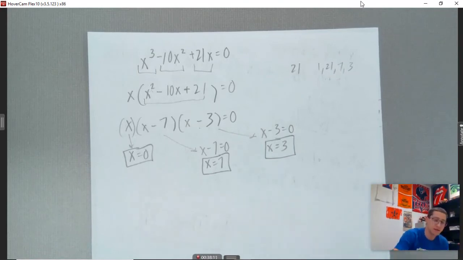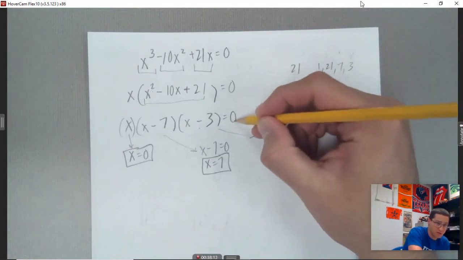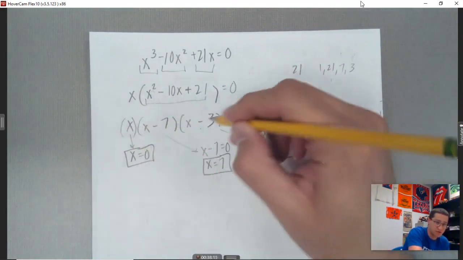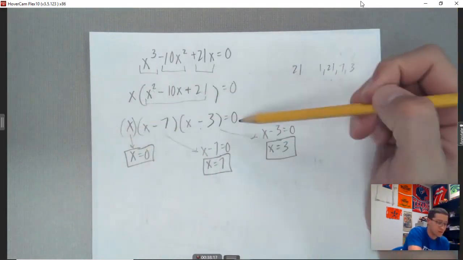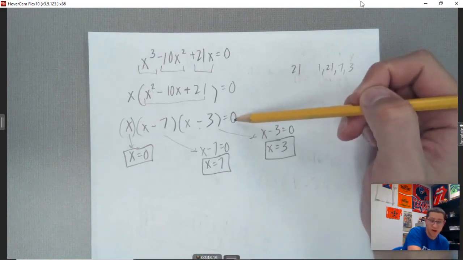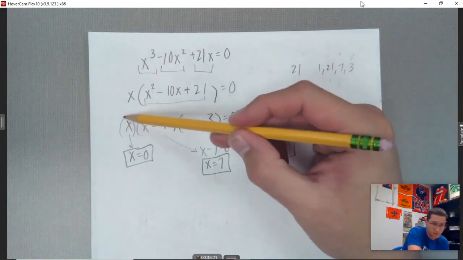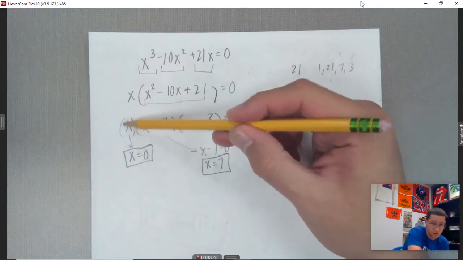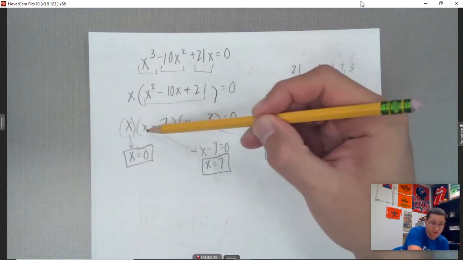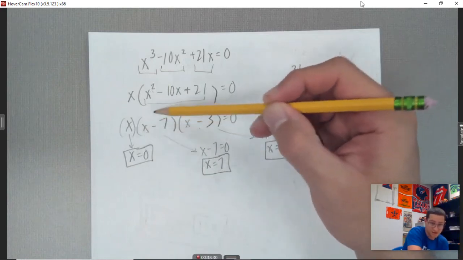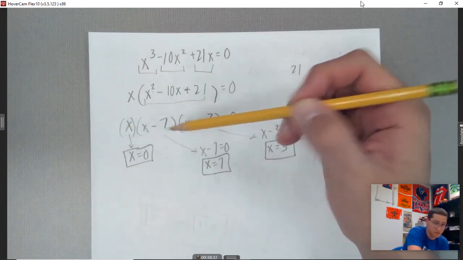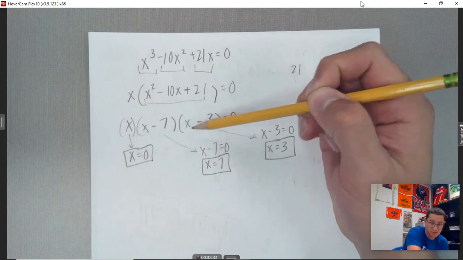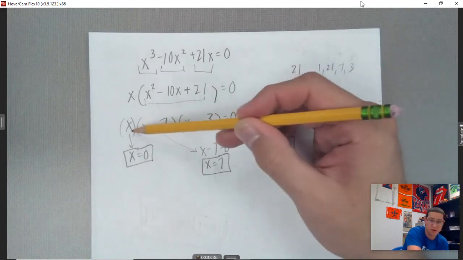Well, in order for something to be 0, one of these three things has to be 0. That's why we typically have 0 on the other side when we're factoring. Either this is 0, right? If we plug in 0 here, that's 0, and I don't care what the others are: 0 times negative 7 is 0.